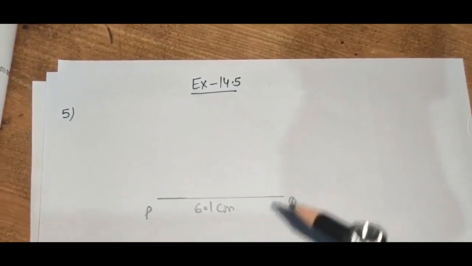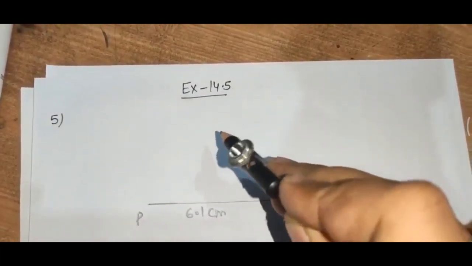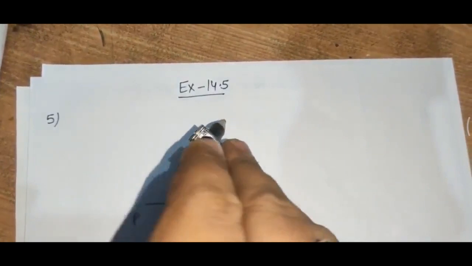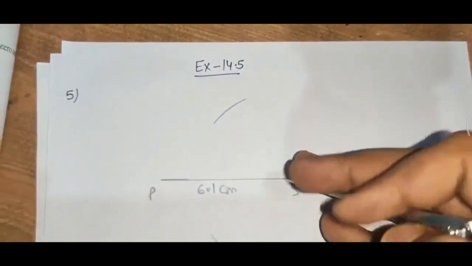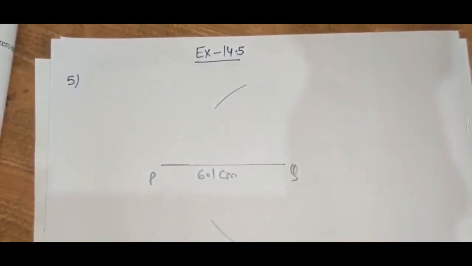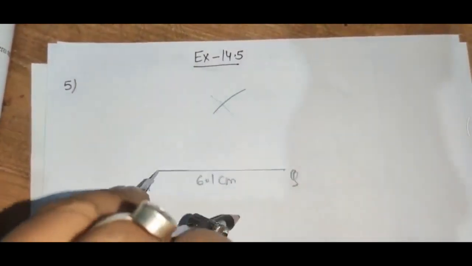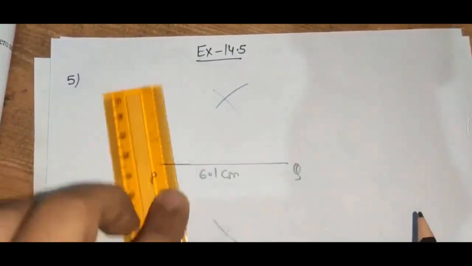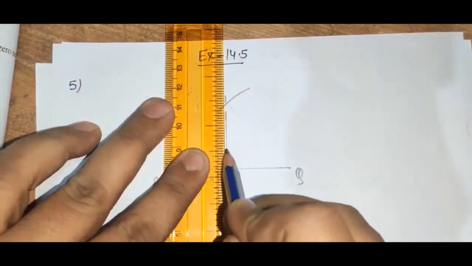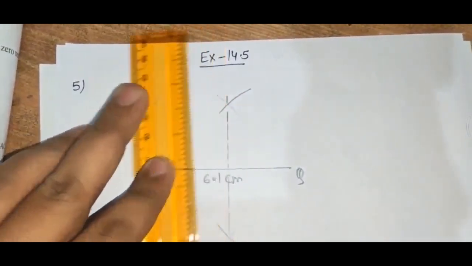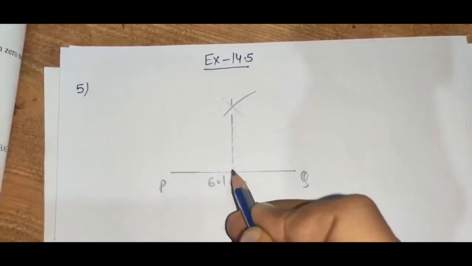So we will divide this diameter into 2 equal parts to get the center of the circle. One upper arc and one lower arc from P and Q we will draw, and then we will join this line. This is the perpendicular bisector of the line, and after this we will get the center of the circle.